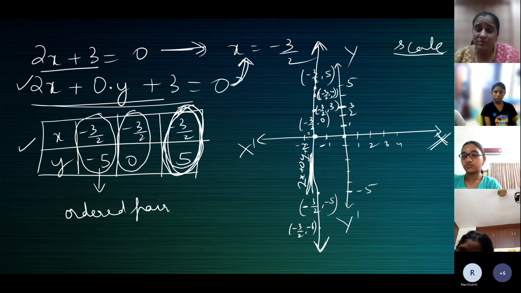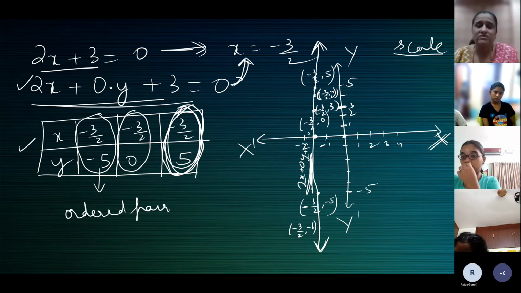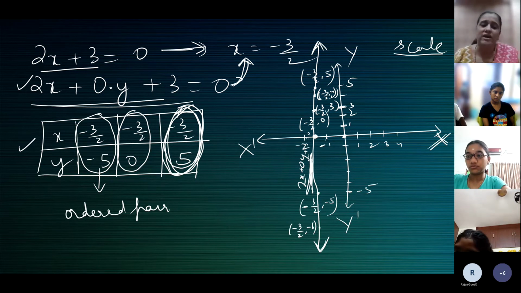The same equation in one variable x can be treated as a linear equation in two variables x and y, in which case it has infinitely many solutions. Its graphical representation is a straight line. To obtain the straight line, you'll have to make an xy table. Here we know that x is always minus 3 by 2 for any value of y. Plot the points, obtain the straight line.